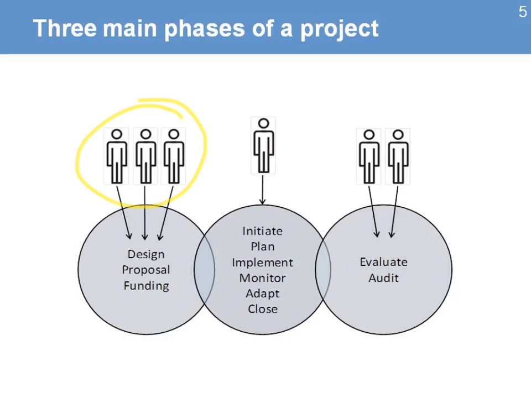So in the design, the proposal and the funding will usually be managed by a group of people within the organization. Then the implementation and the monitoring of the project is usually managed by the project manager and the team. And then we have the final phase of the evaluation and even the audit, usually led by different people. So what we're going to concentrate on now is the phase when the project manager is leading and managing a project.